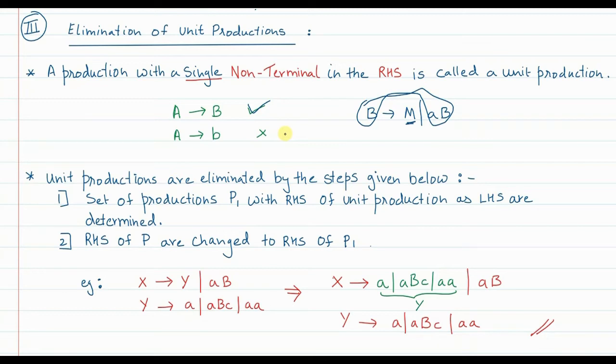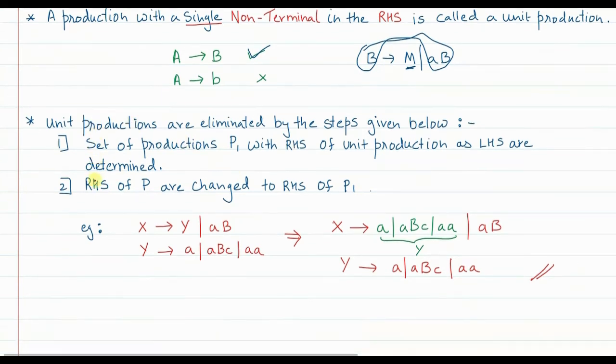After going through all these processes, the first process is elimination of useless symbols. Once useless symbols are removed, then elimination of null productions, and then elimination of unit productions. So these are the three steps used for transforming grammars.